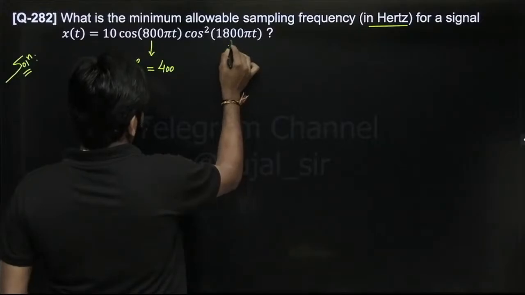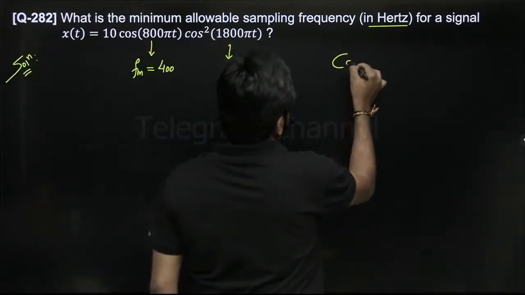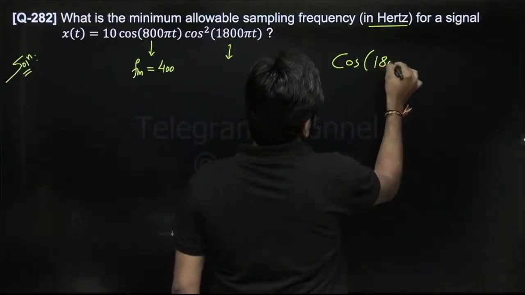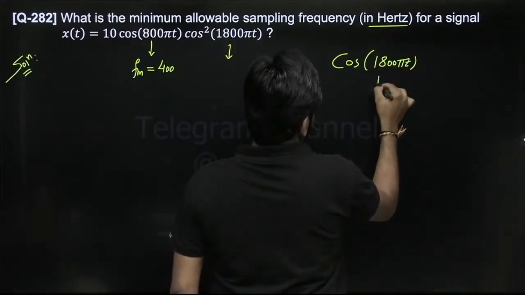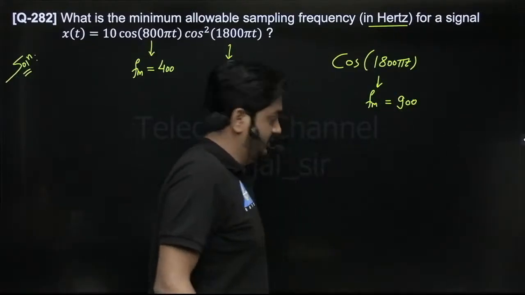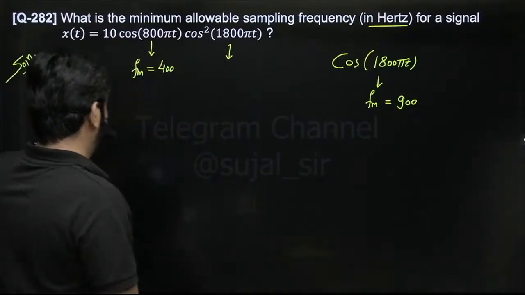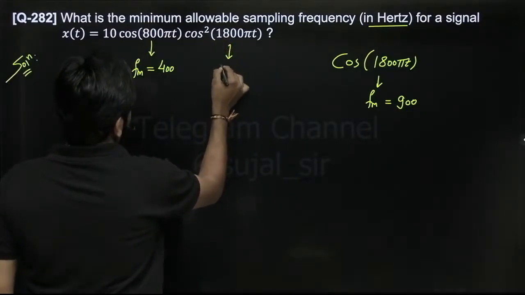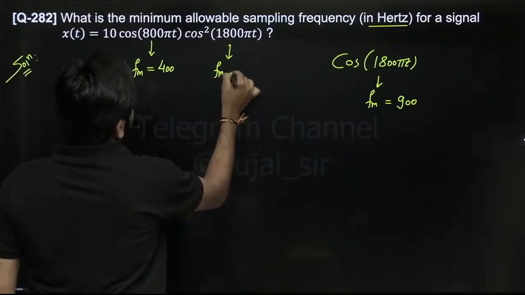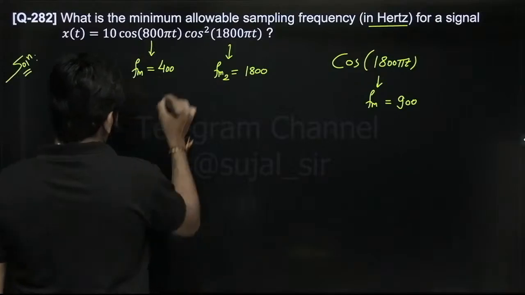Here see fm equal to 900. See here cos 1800 pi t. So for this fm is equal to 900 hertz. Okay, but here after taking square, here it will be double. Taking square, that is 800 hertz, guys.